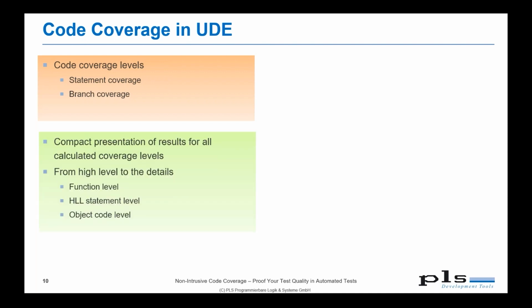We present the coverage results in the tool itself in a dedicated code coverage window that provides a compact presentation of all the results at different levels. Because we do object code coverage, we have not only the function level, the high-level language level in C or C++, but also the object code level to present the code coverage results.